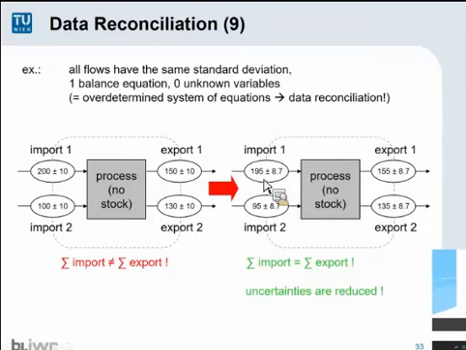And the results that you get are completely different. So the results of your data reconciliation, of your analysis, depends heavily on the uncertainty that you assign to your numbers. So you have to take care that you determine the uncertainties of your numbers in the best way possible.